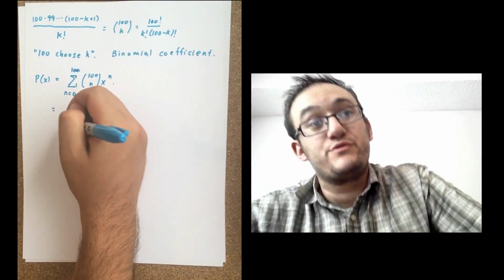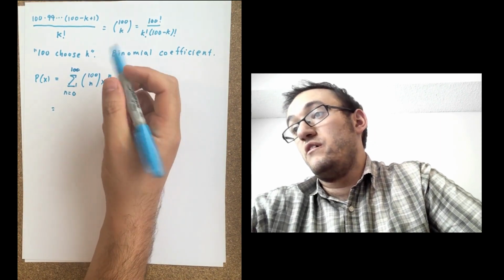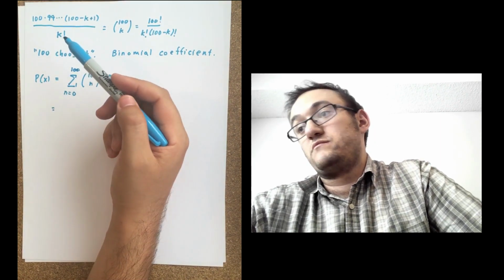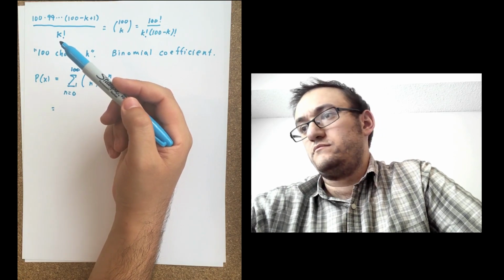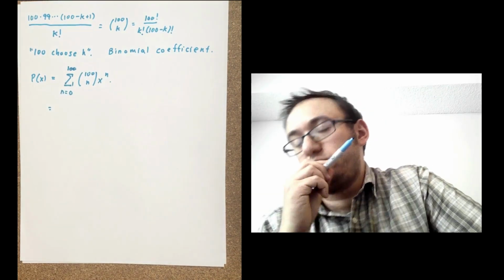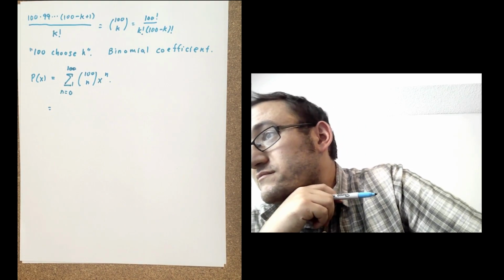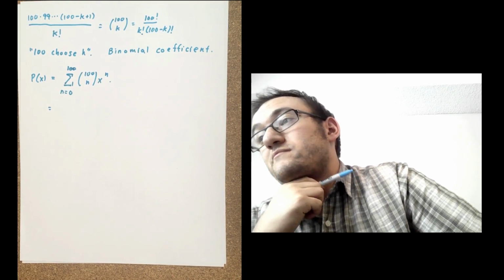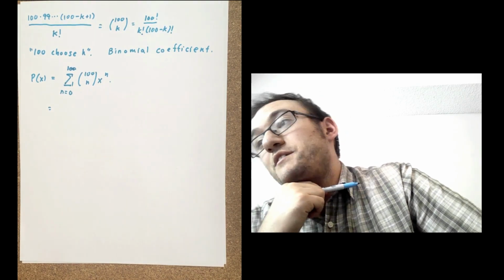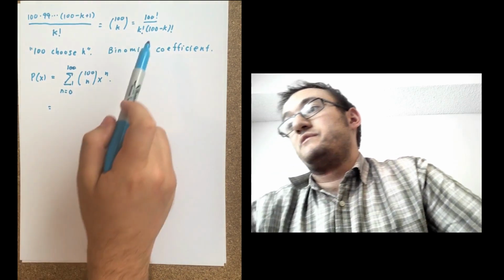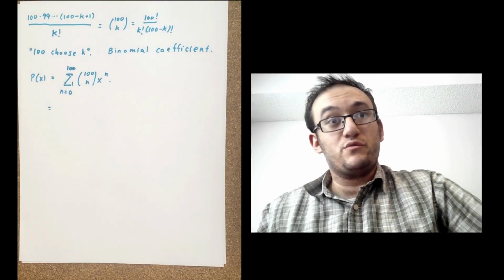When we have 100 choose 0, certainly in this formula, that's equal to 1.